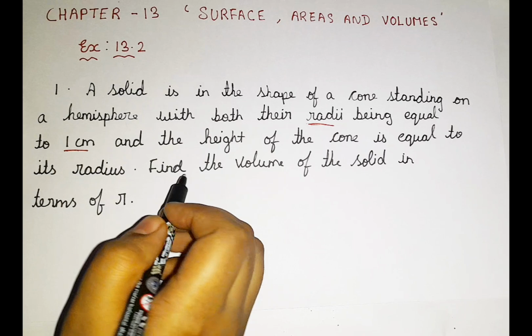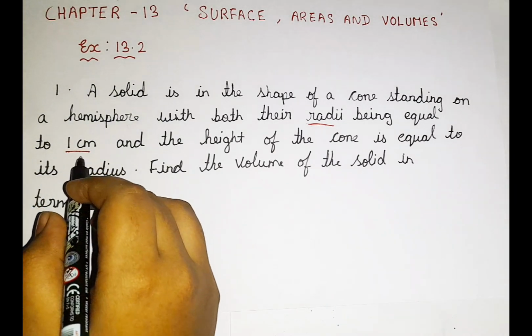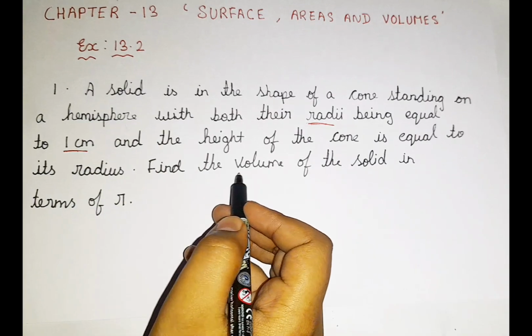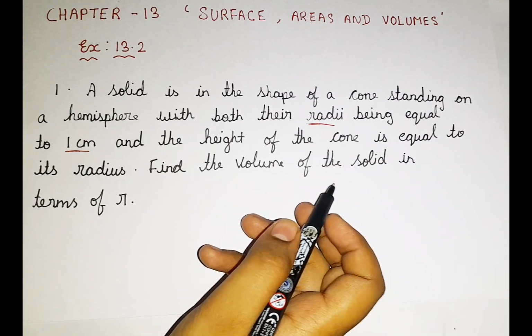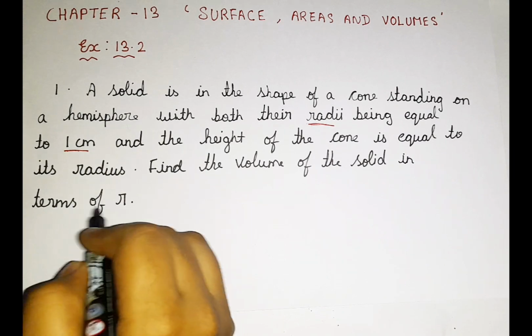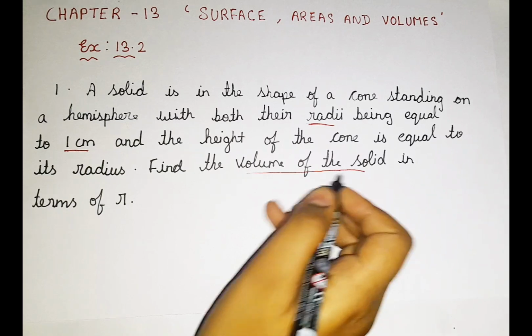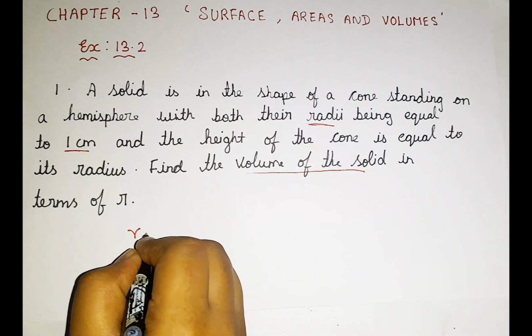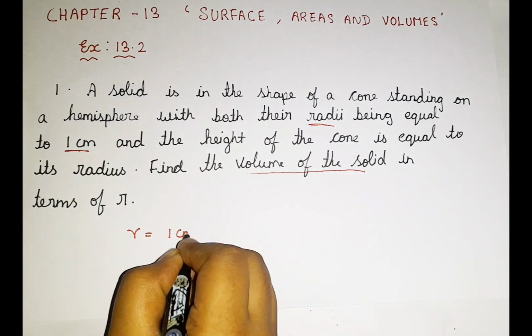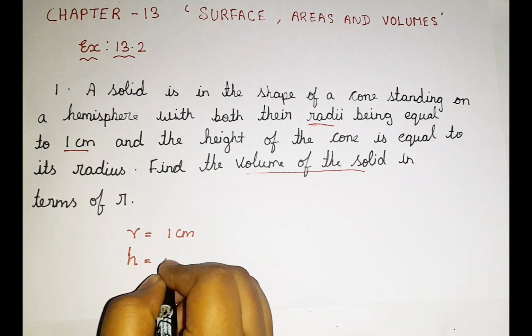We are supposed to find the volume of the solid, in terms of pi, which means in the form of pi. So let us write: radius is equal to 1 centimeter and height is also 1 centimeter.